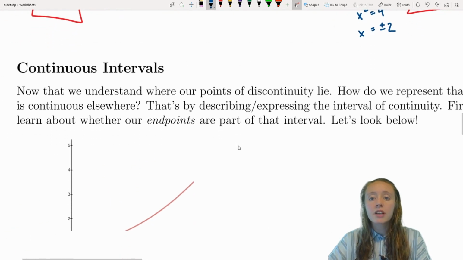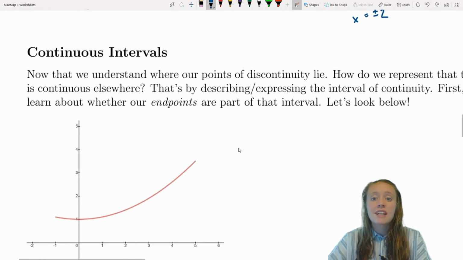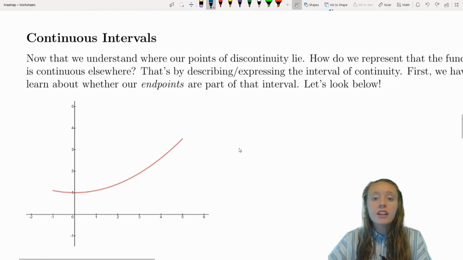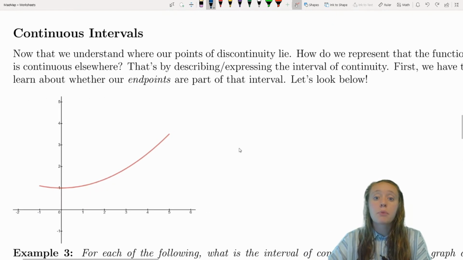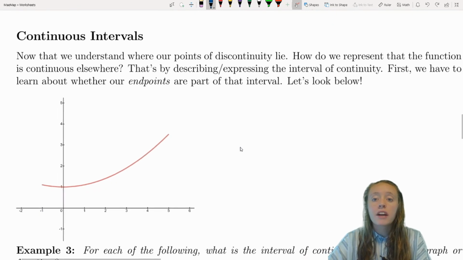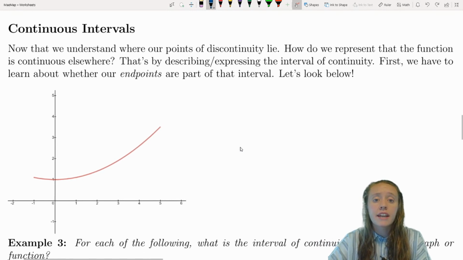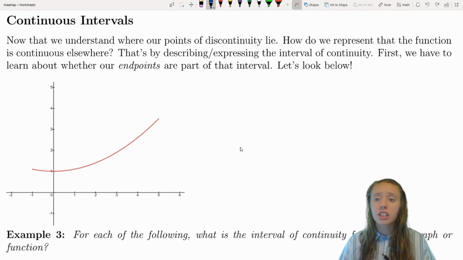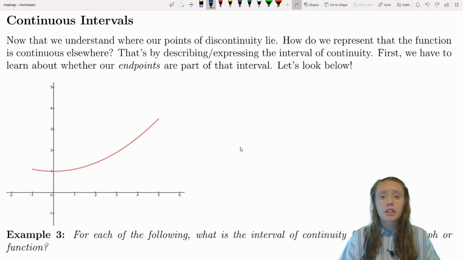And in this case, we're going to talk about continuous intervals, because we understand now how to figure out a point of discontinuity and where that point of discontinuity lies. But how do we represent that the function is continuous everywhere else? That's by describing or expressing that interval of continuity.